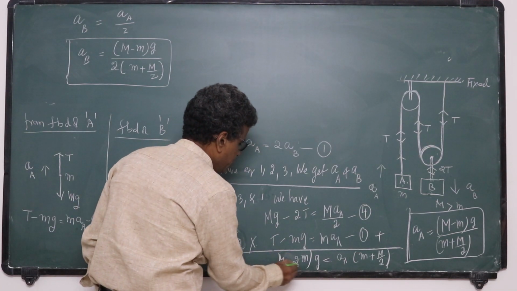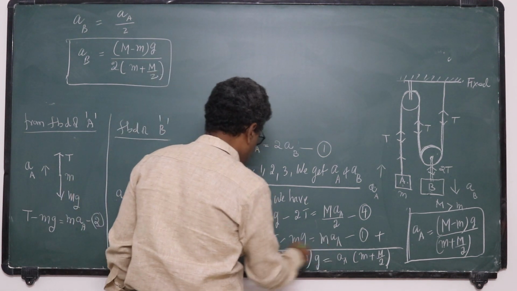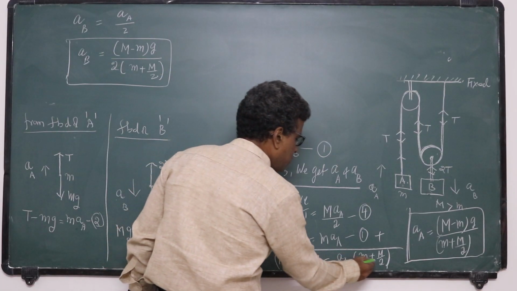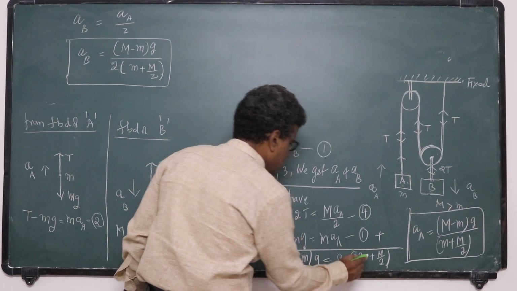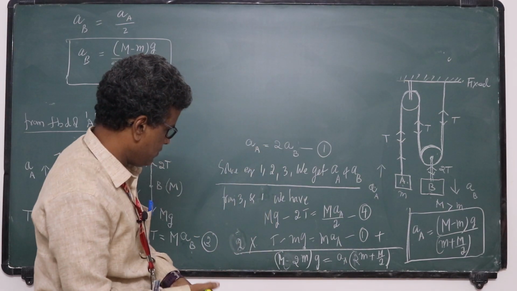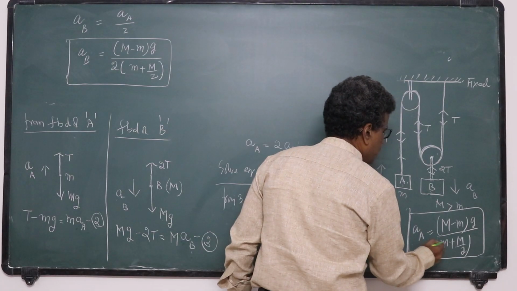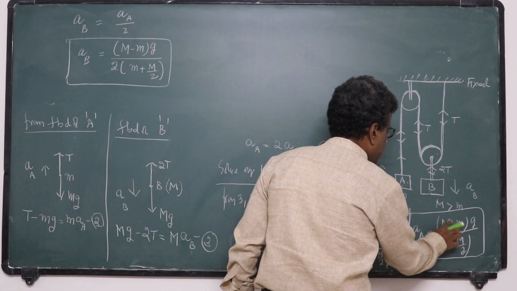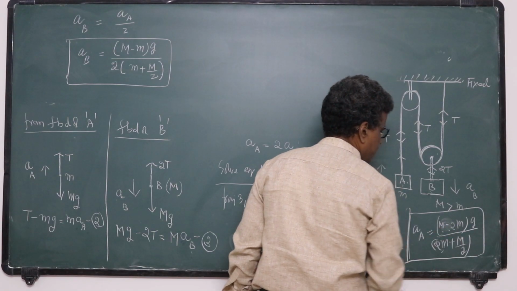Here you have to get 2m, and here you have to get 2 into small m. That is the mistake we made here. So here you will get 2m, so capital M minus 2m.